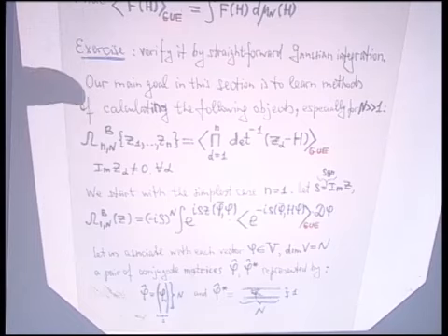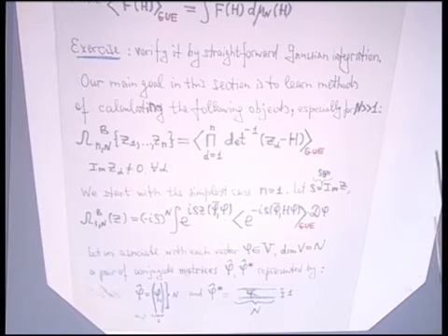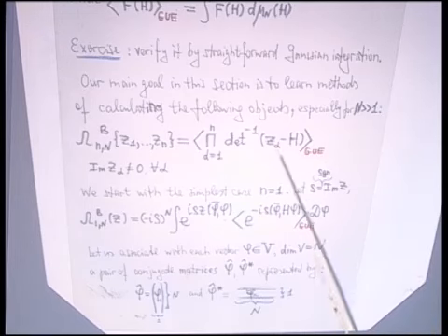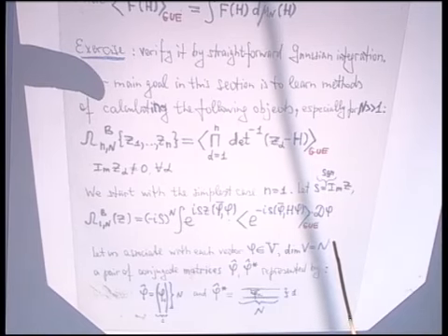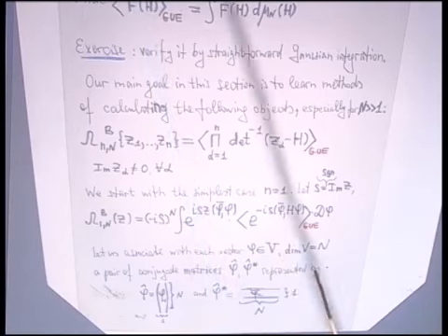so let us start with the simplest possible case, when we have just one inverse determinant here, not a product of them, just a single one. Then we represent it by a Gaussian.